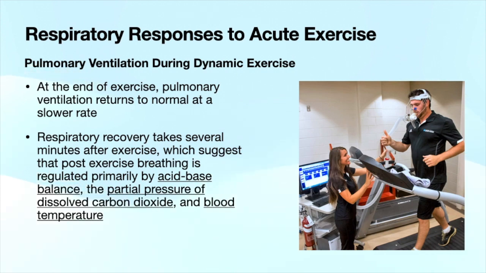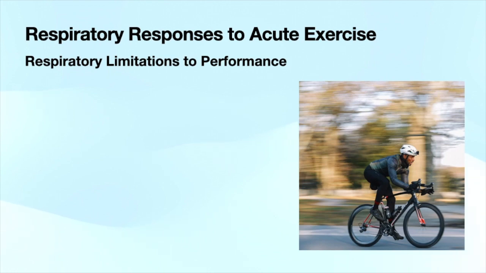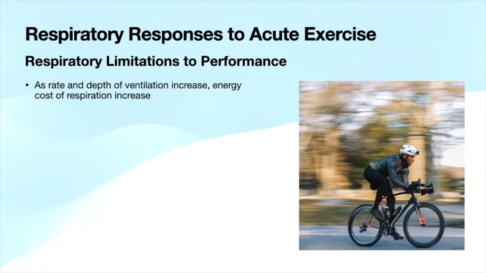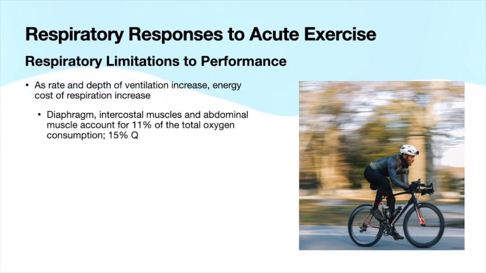So let's have a look at the respiratory limitations to performance. Respiration requires energy, and this energy is used by the respiratory muscles during pulmonary ventilation. As rate and depth of ventilation increases, energy cost of respiration increases. According to statistics, the diaphragm, intercostal muscle, and abdominal muscle account for 11% of the total oxygen consumption and 15% of the cardiac output.